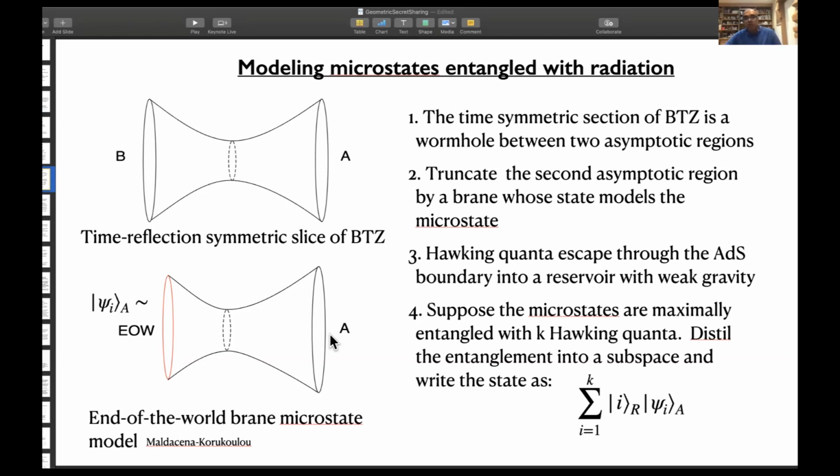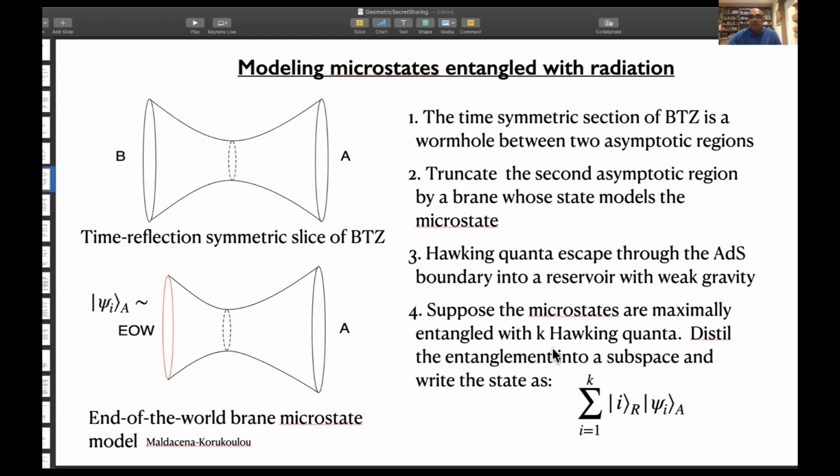Now, we're going to imagine that the radiation quanta that come out here, labeled by i, let's suppose that k quanta have come out. Let's suppose that the radiation quanta i are maximally entangled with these brane microstates psi_i.